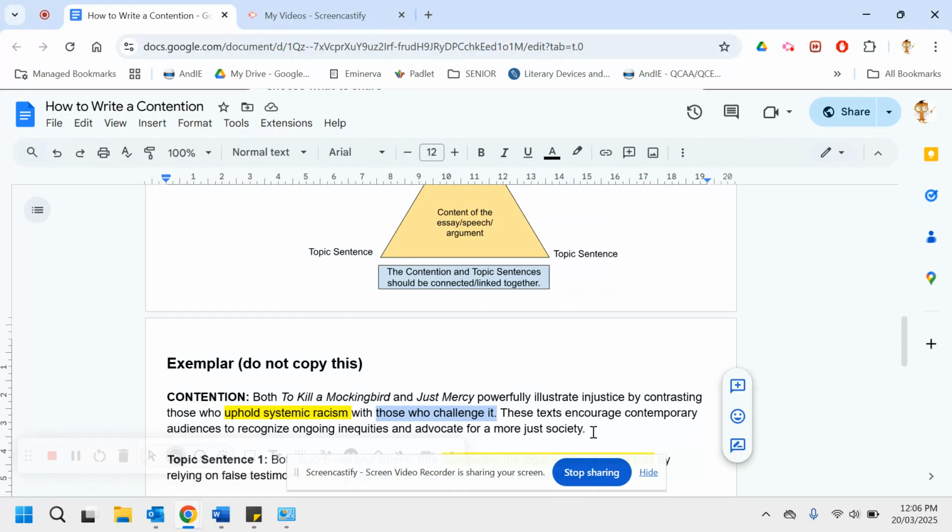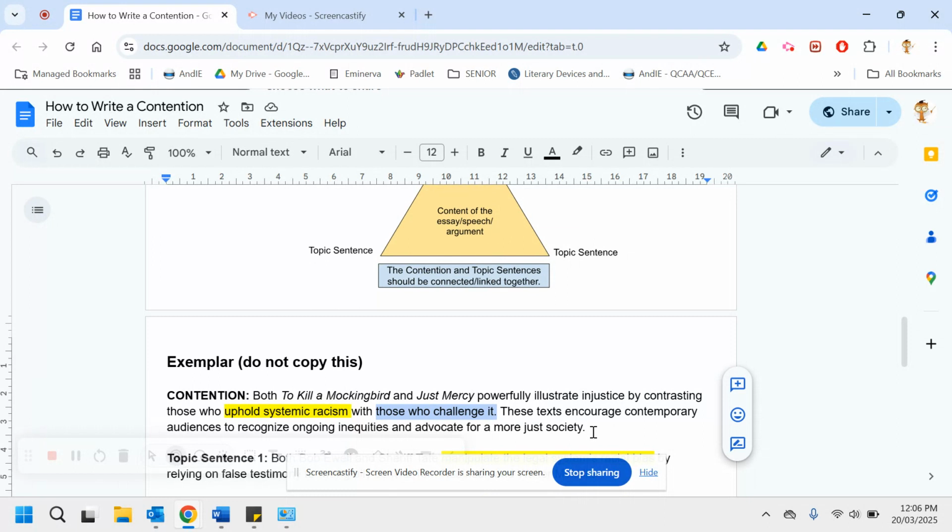So I decided that I think the characters that it would be easiest for me to write about would be Bob Ewell from To Kill a Mockingbird and Sheriff Tate from Just Mercy, and how those characters actually manipulate the legal system. Okay, and it's them who basically allow the systemic racism to essentially wrongfully convict two African American men.